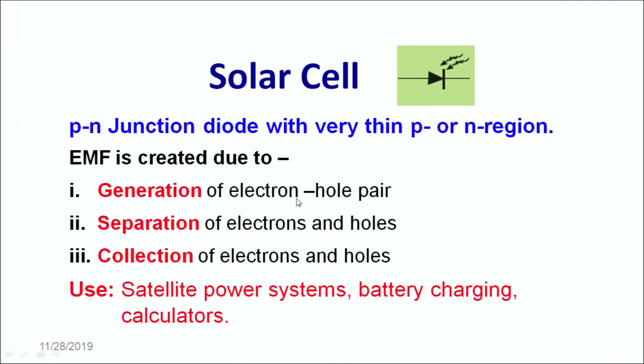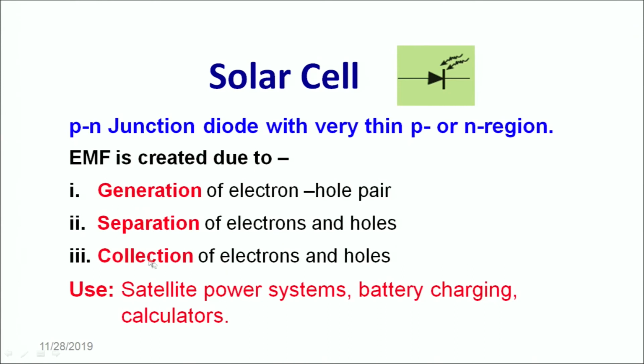As soon as these electron-hole pairs are generated, these electrons and holes are drifted towards the N-type and the P-type of the diode. Thus, a large number of electrons and holes are collected towards the N side and the P side of the diode, generating an EMF.